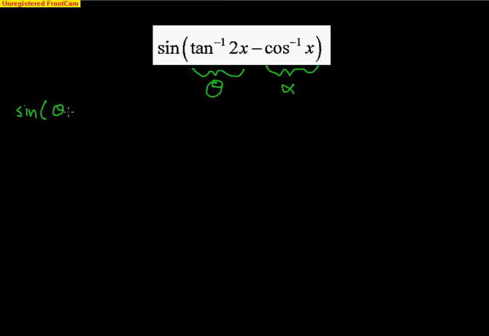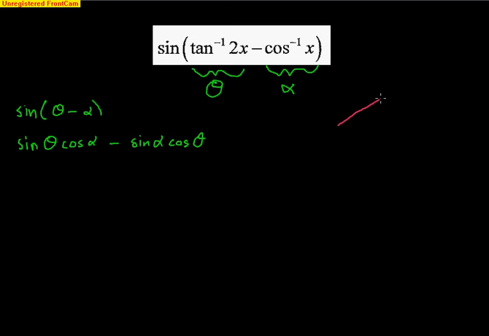That would be using the formula for subtraction. That would be sine of theta times cosine of alpha minus sine of alpha times cosine of theta. Now, I have no idea what x is, and that's okay, because I want to write this in terms of x. That's actually the directions, to write that in terms of x. So I've got to do a little bit of side work here. Let me draw a picture of theta.